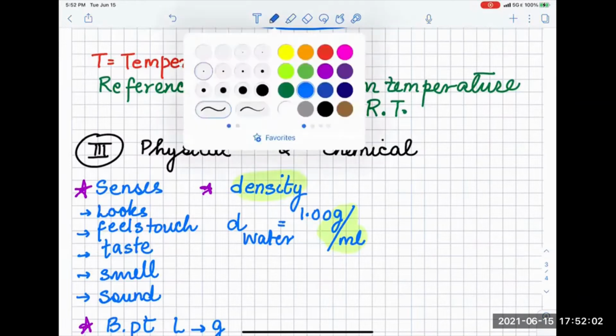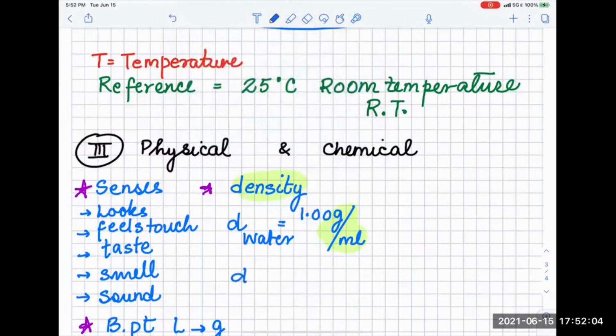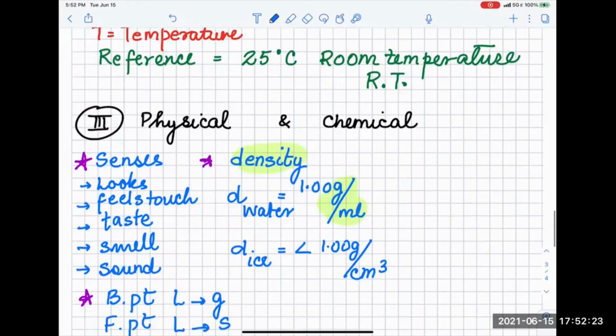Okay. Similarly, the density of ice, because ice cubes, that is going to be less than 1.0 grams per centimeter cubed. All right, guys. So the density of ice is less than water.